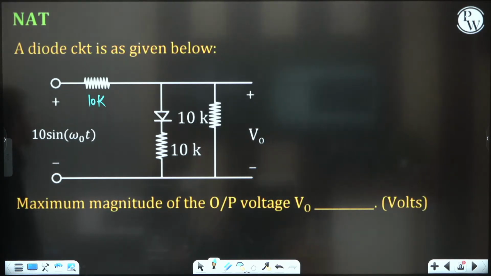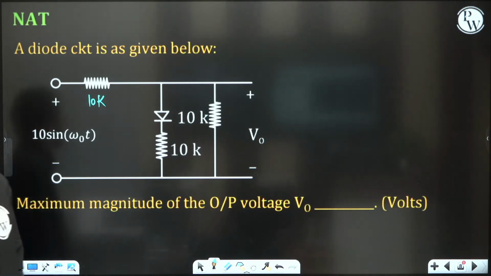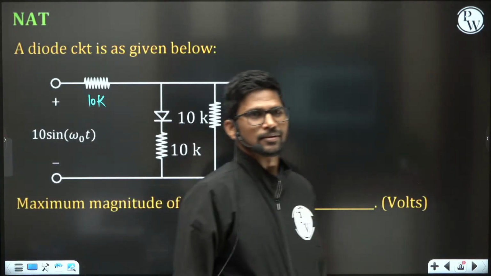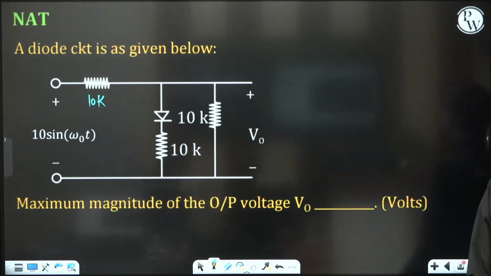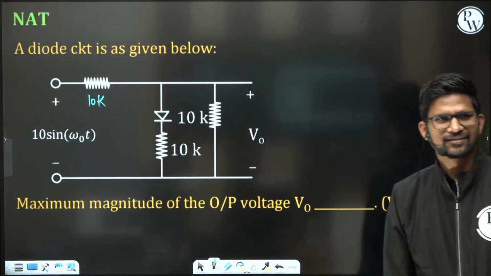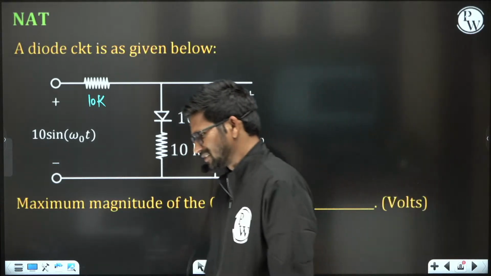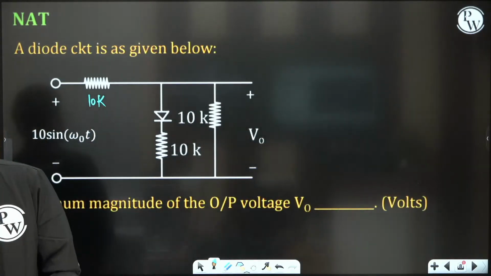Any answer? Sona got 3.33. Any other answers? Sona got 5 now. Okay, I hope now you are correct. That's the difference.